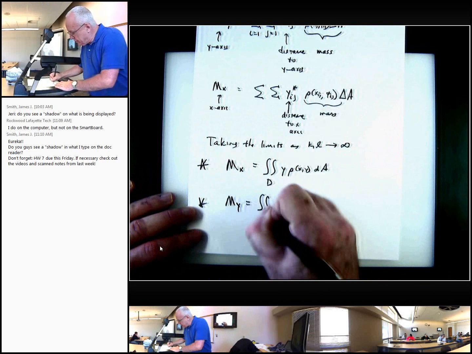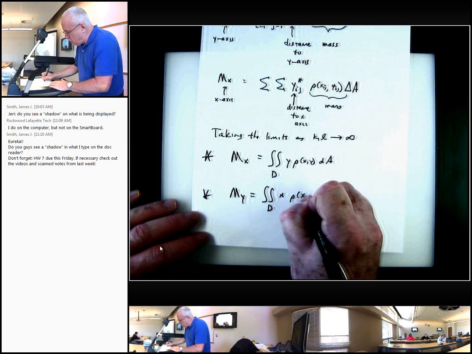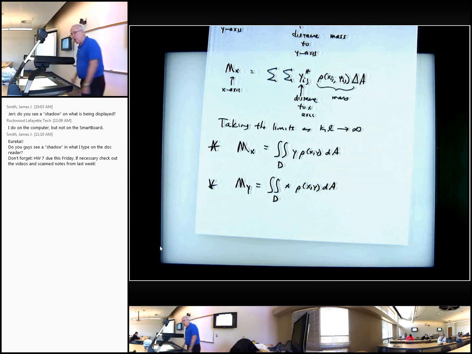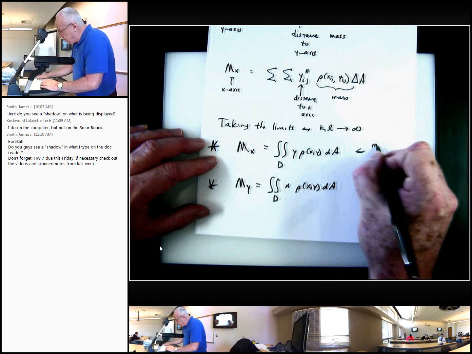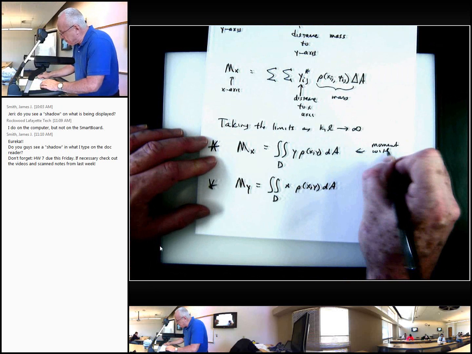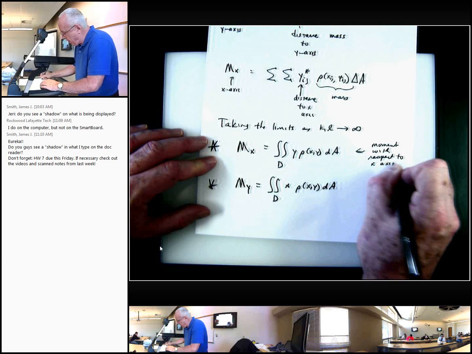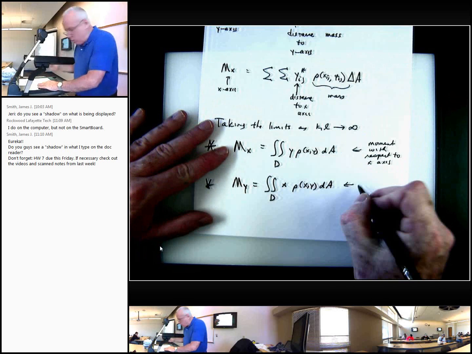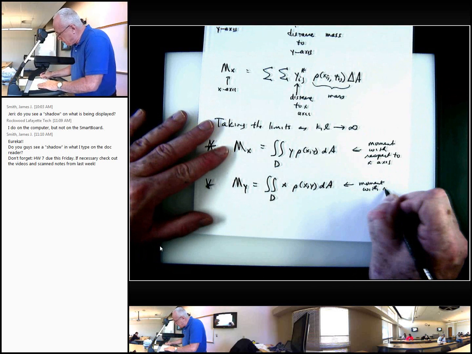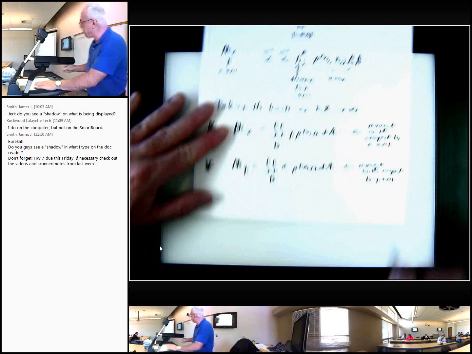My is the double integral over our region of x times rho x,y dA. Right. This is the moment with respect to the x-axis. And this is the moment with respect to the y-axis. Okay. All right.